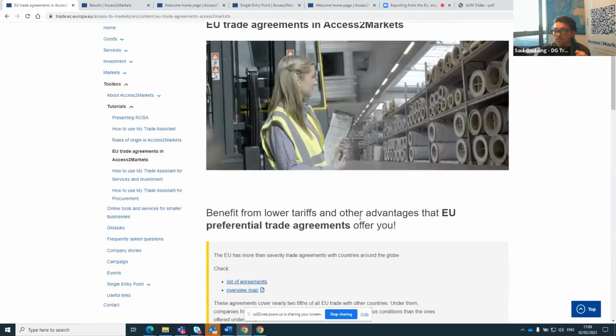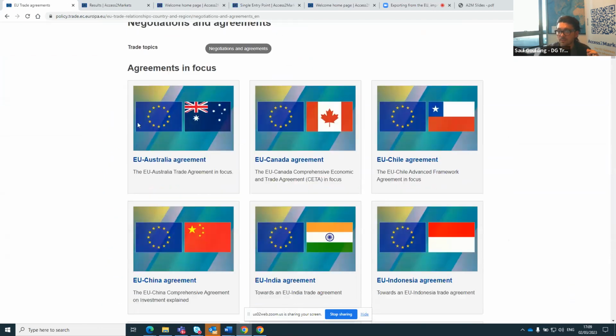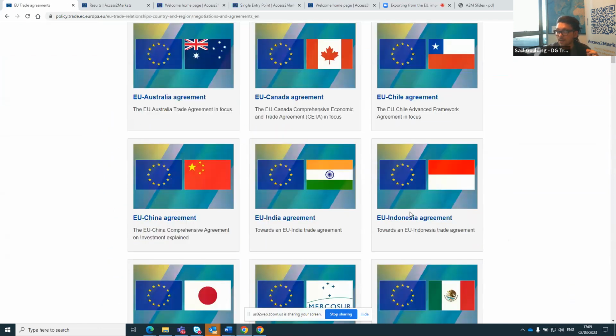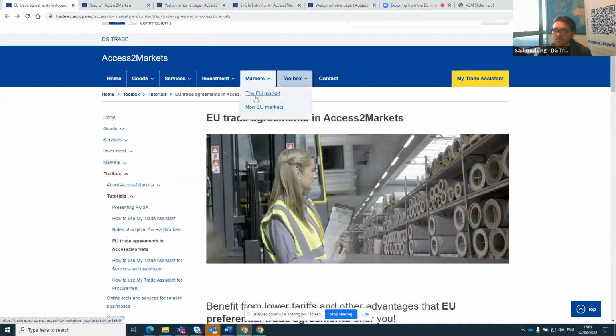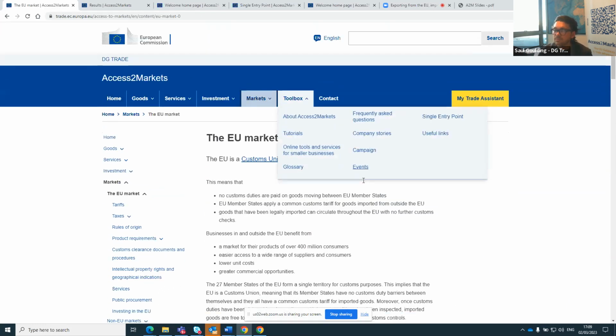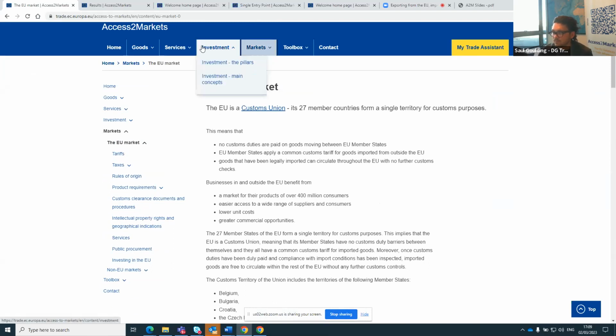You can look through our different agreements here on our trade website, where you get an in-depth look at the different ones that we have. So EU-Canada, of course, would be of interest. We also have an overview of our market itself. I invite you to have a look through all of these in the future.